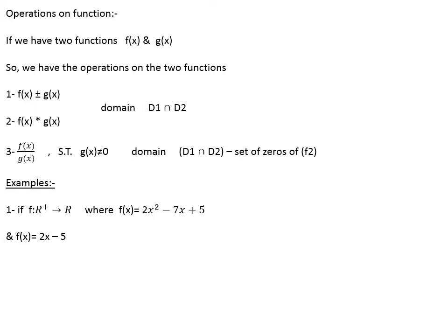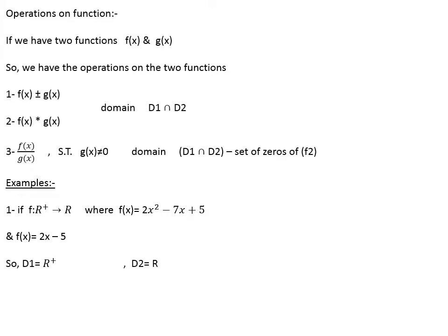To get the domain of the addition of the two functions, first you have to get the domain of the first function. The domain of the first function is r positive, the positive real numbers. The domain of the second function is r also, because it's a polynomial, and we know from the previous session that the domain of a polynomial function is the real numbers.